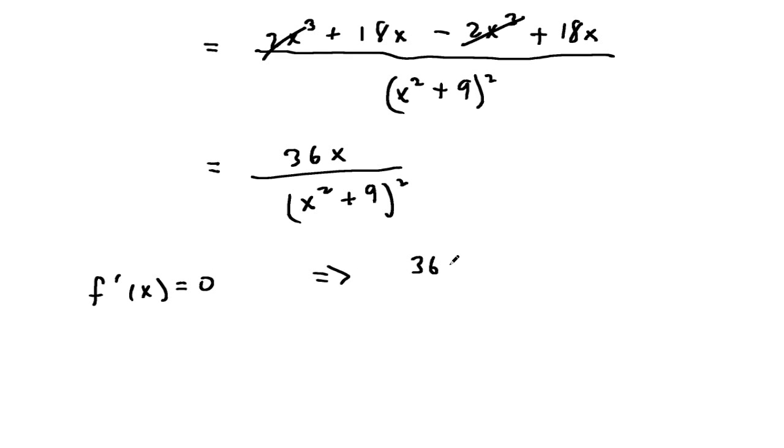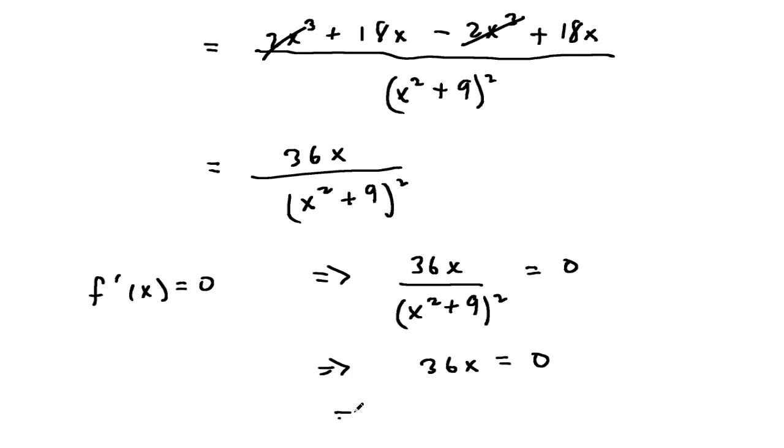So let's set that equal to 0. Solve for x. Let's multiply both sides by the denominator, and then solve for x. So that's the only critical point.